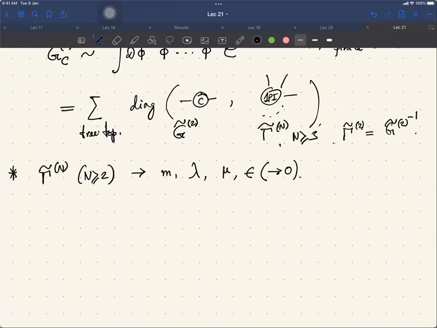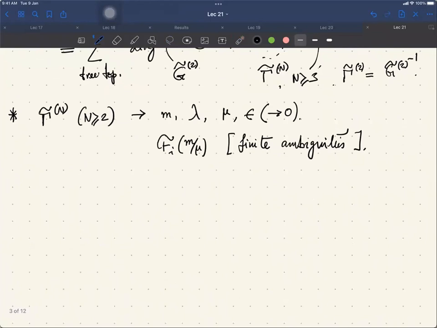In addition to these parameters, it is also dependent on the finite ambiguities, the finite ambiguities that come in the counter terms.